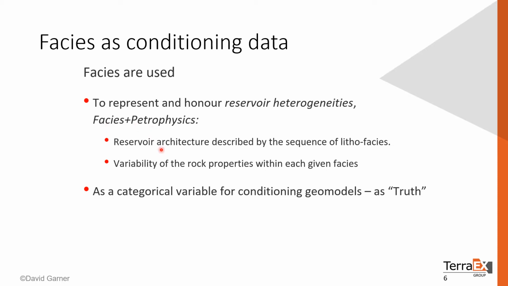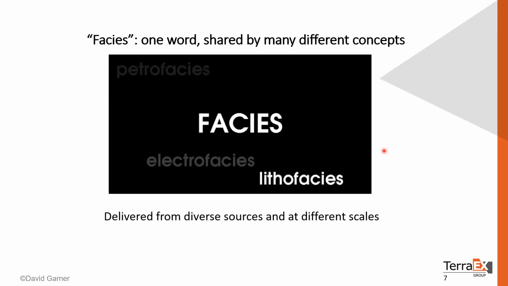So this is the reservoir architecture described by the sequence of lithofacies and the variability of rock properties within each given facies. And we're looking at this as a categorical variable. It's treated as truth, as being hard data, and we know facies come from many sources.